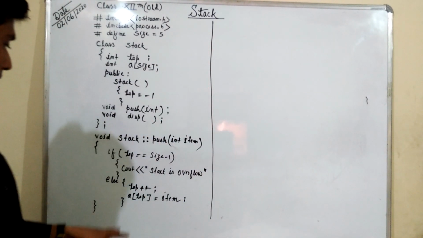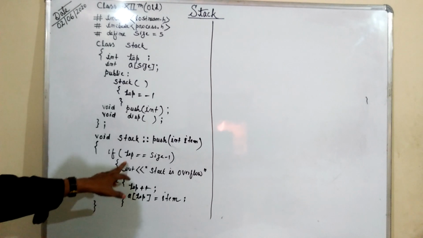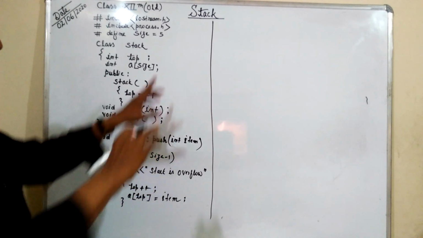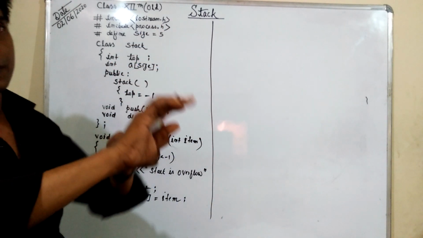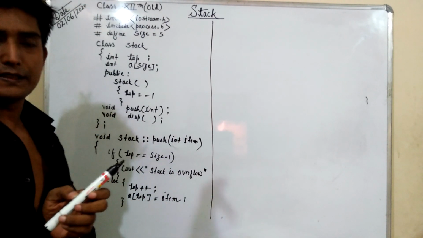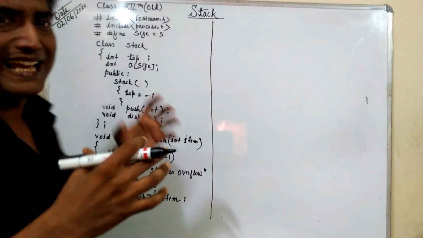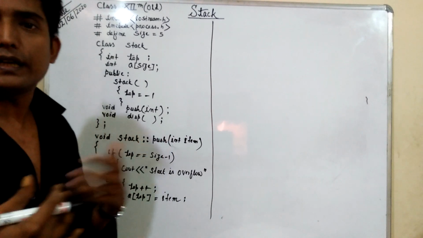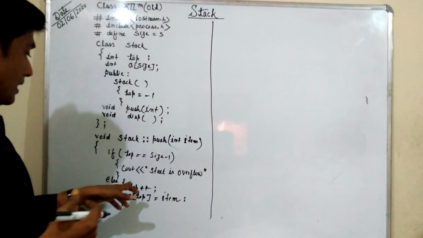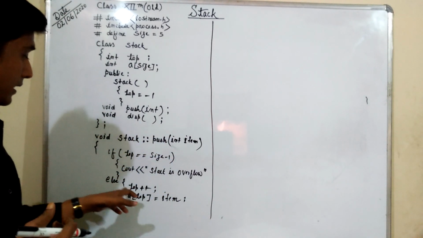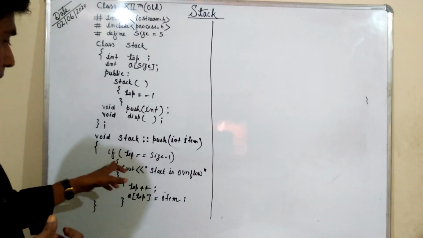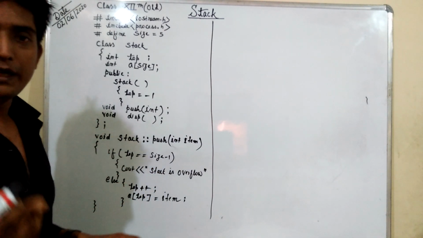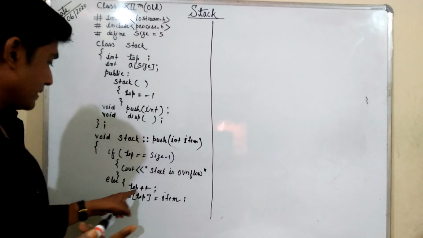And here, students, again it is a check: if the fourth position of my array has been filled, meaning the top is at the fourth position, then my array has already been packed, so we cannot insert another element. And in the else part, if this condition is not true, control will move to the else part, and here top plus plus.